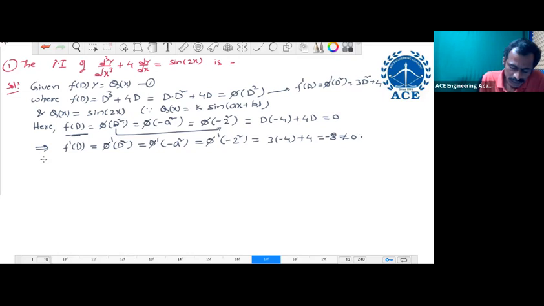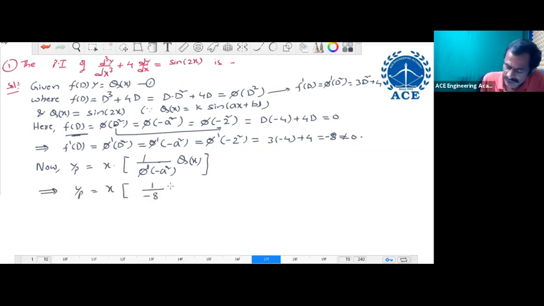We write the yp now. yp equals x into 1 by phi dash of minus a square of Q of x, which implies yp equals x into 1 by minus 8 into Q of x, which is sine 2x.